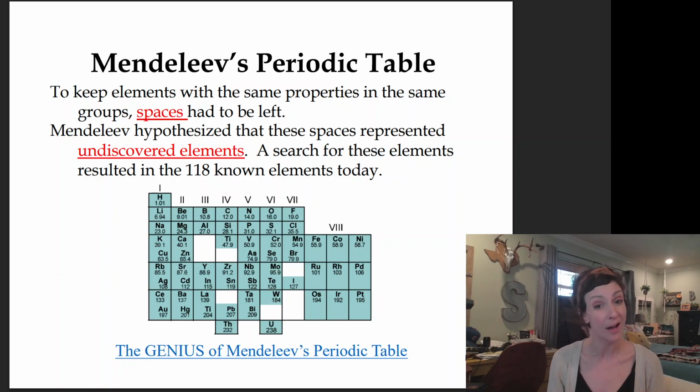Mendeleev hypothesized that these spaces represented undiscovered elements. A search for these elements resulted in the 118 known elements today. So we call him the father of the periodic table for creating this first organization that not only put everything in perfect little categories, but allowed for these holes of undiscovered elements to be identified later.